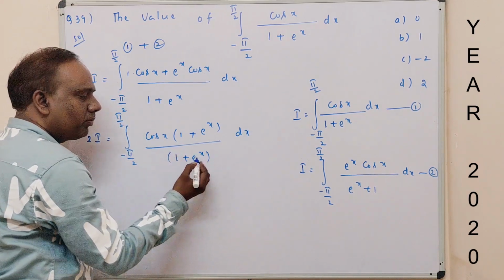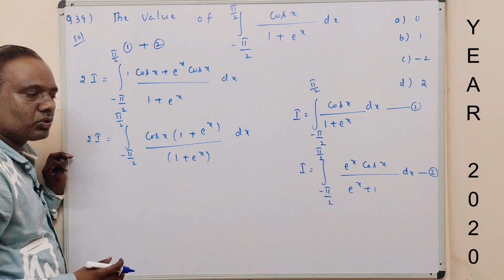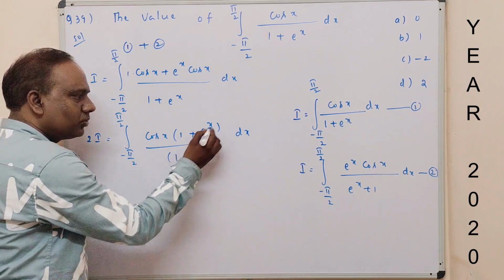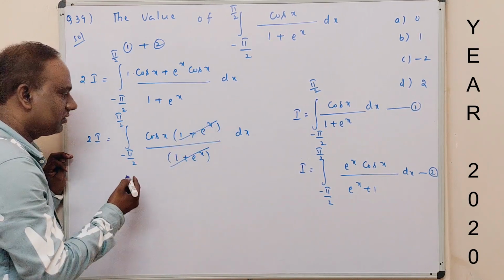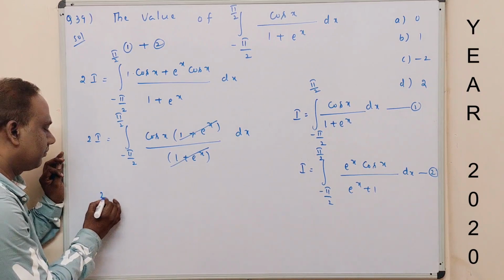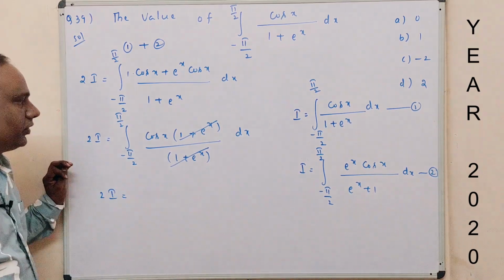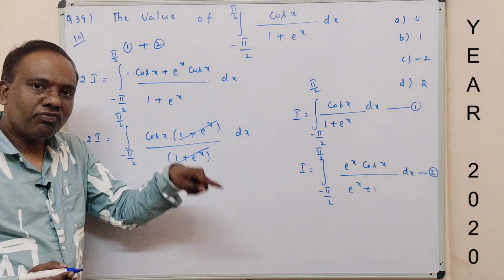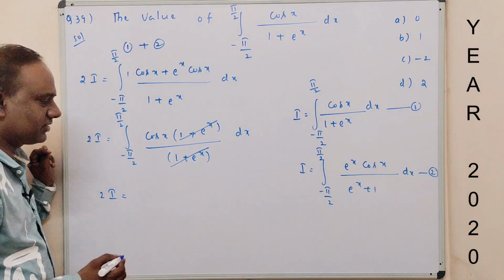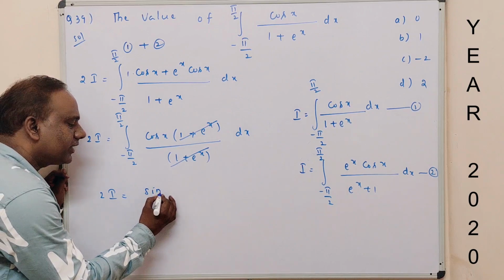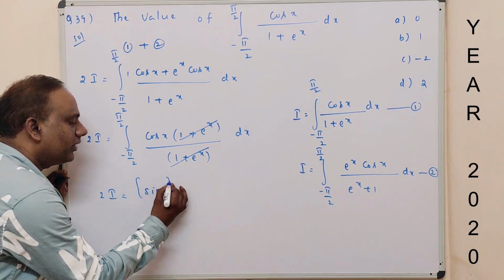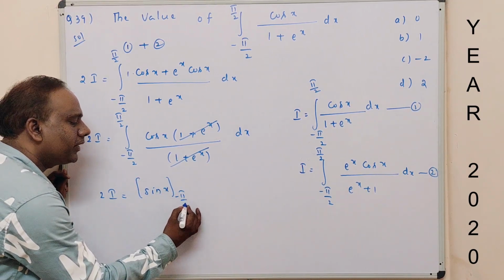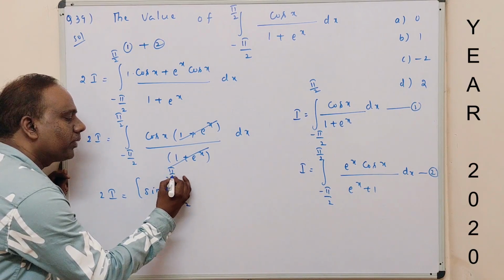The denominator 1 plus e power x and the numerator 1 plus e power x get cancelled. The remaining 2i is equal to only cos x. Now integration of cos x is sin x, and the limits are minus pi by 2 to pi by 2.